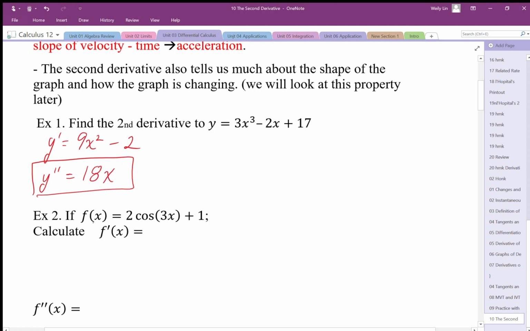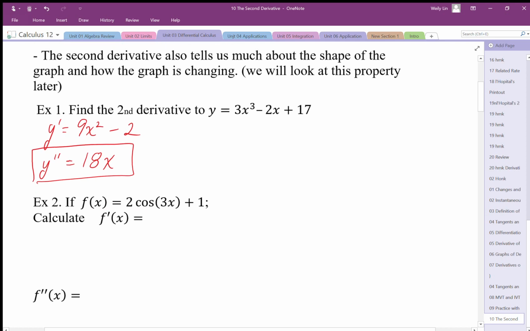So this is our cosine graph. We'll calculate the first derivative. So we apply the derivative of the cosine. So it's going to be negative 2 sine 3x. We have to make sure we use the chain rule, so times 3. So then simplifying this, we get negative 6 sine 3x.